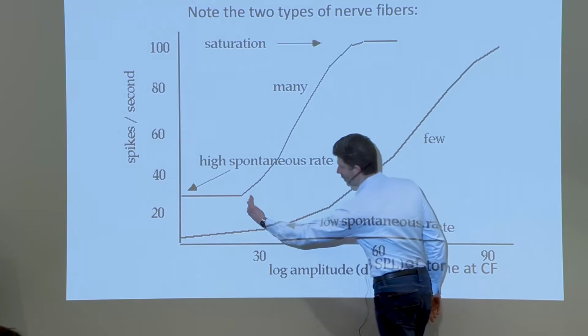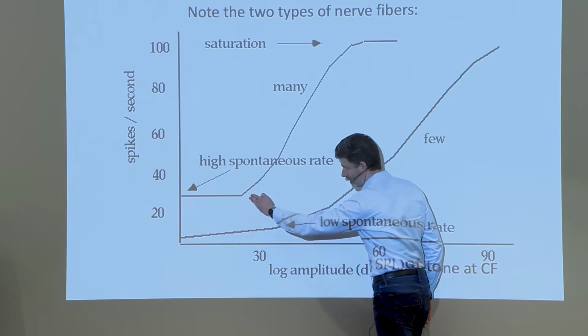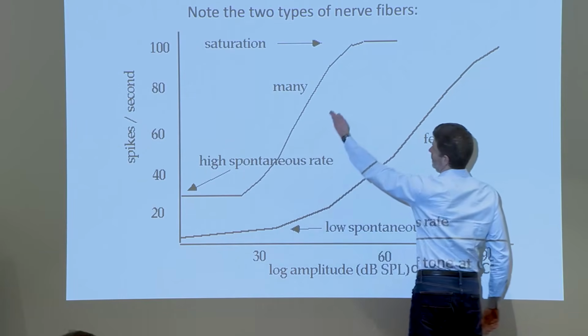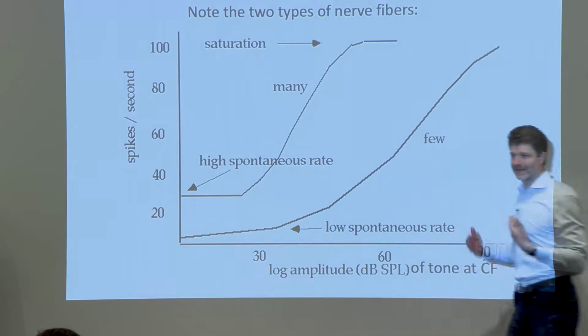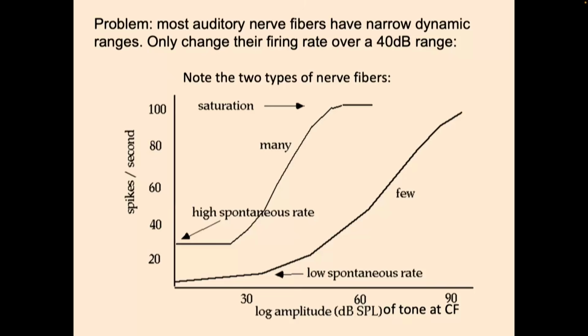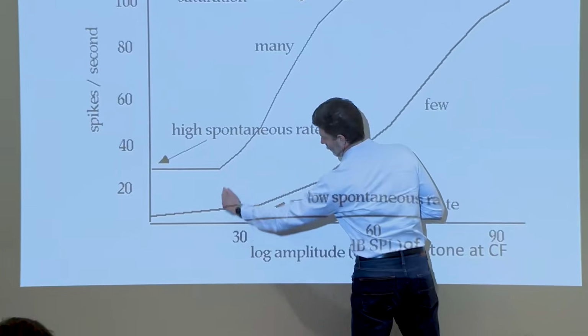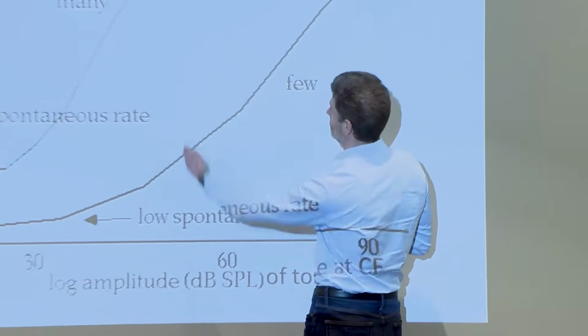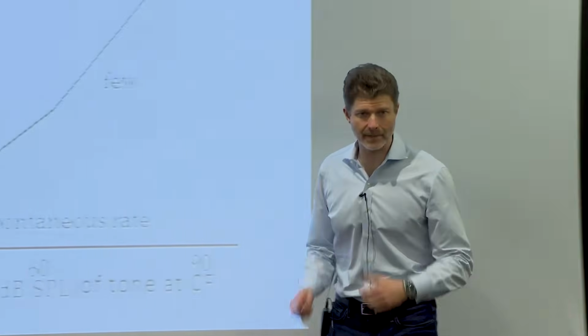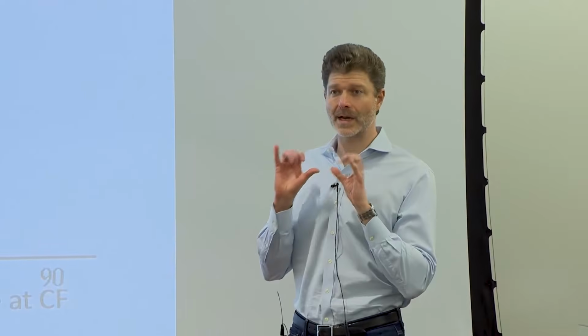Then at some point you get a threshold, and the response starts to increase. But then at some point you saturate. That's the highest intensity over which the response will change. So here the threshold of the tone is maybe about 30 decibels, and then it's saturating at maybe 50 or 55. So that's a fairly narrow dynamic range of maybe 25, 30 dB.